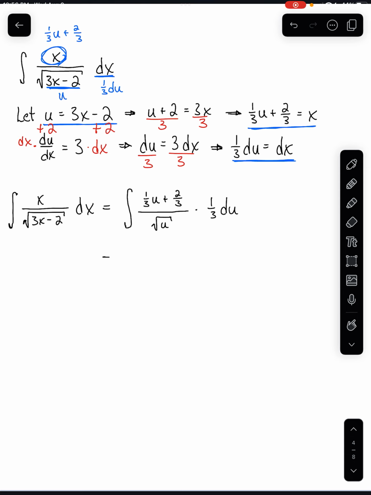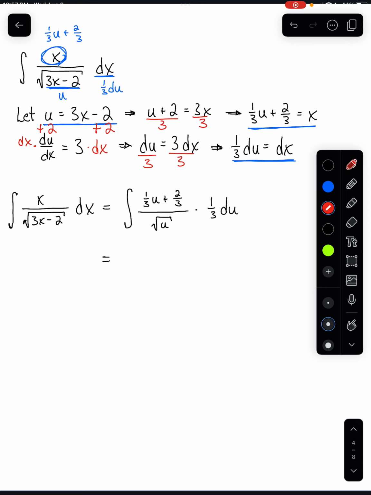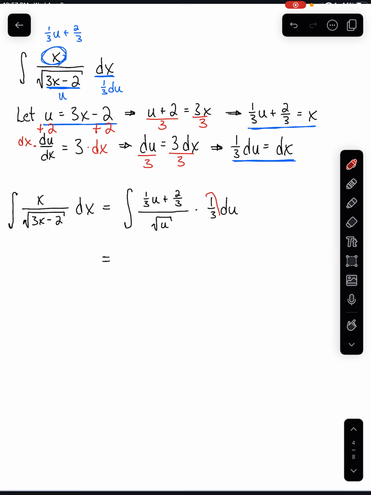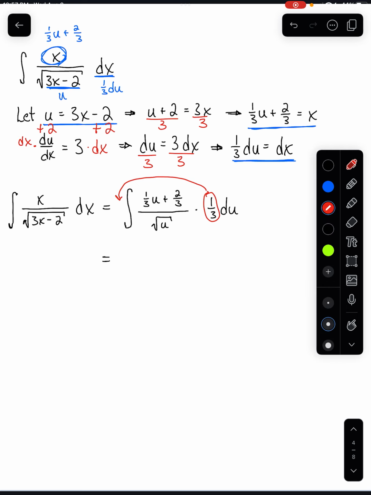Well, again, it's not pretty, but from here, we can certainly make this work a little bit nicer. We can clean it up a bit. First of all, we can take the 1/3 here and bring it out in front of the entire integral.